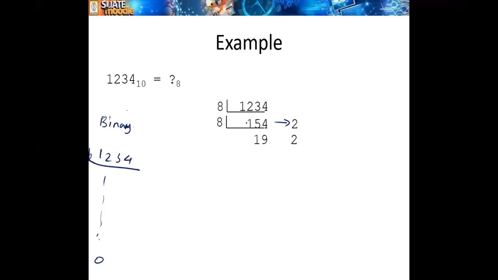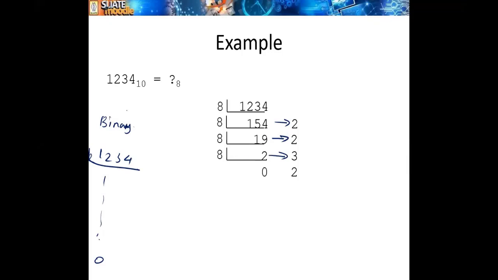And if we divide 154 by 8, we get 19 and the remainder is 2. And if we divide 19 by 8, we get 2. 2 into 8, 16. The remainder is 3. And then we divide 2 by 8.